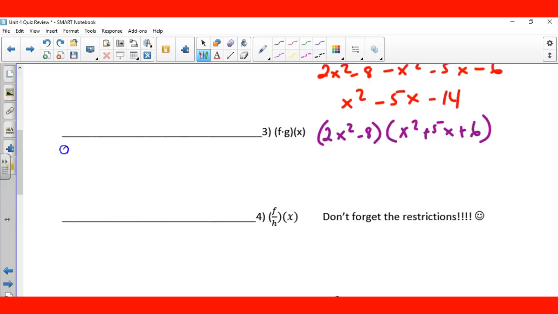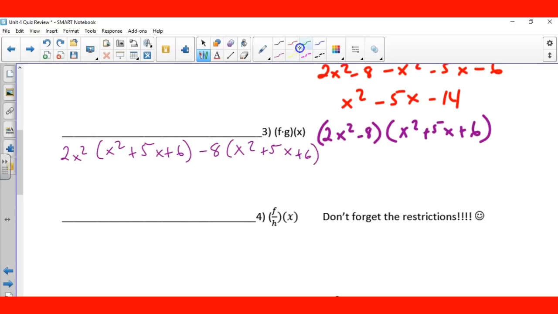So we have 2x squared times x squared plus 5x plus 6, minus 8 times x squared plus 5x plus 6.